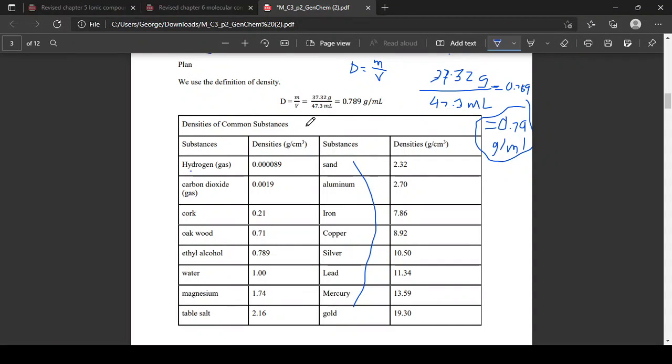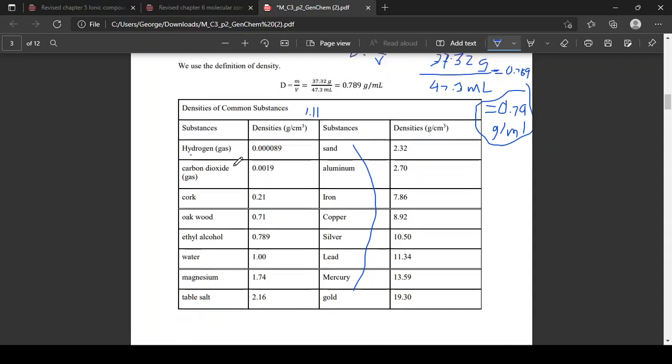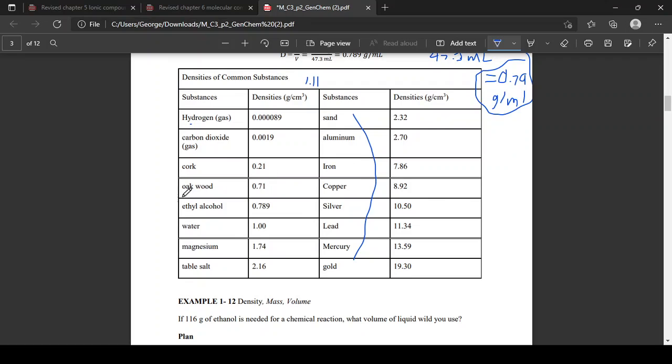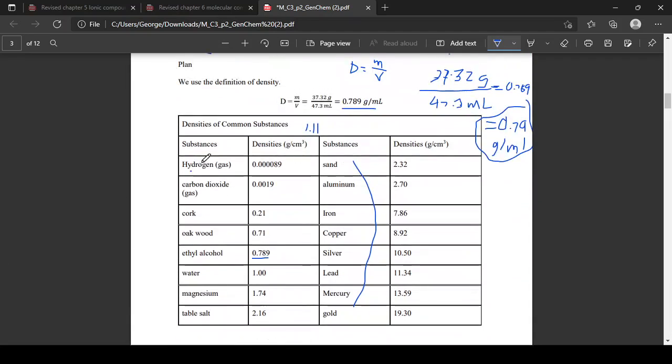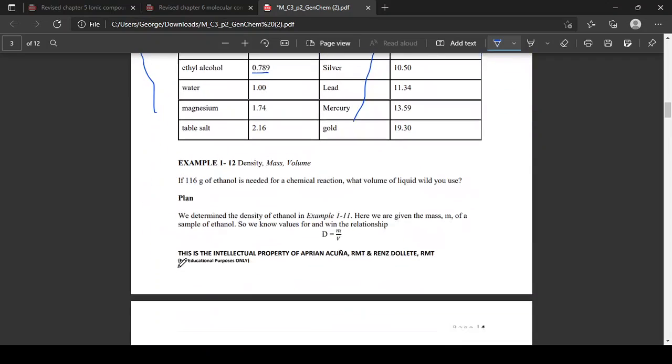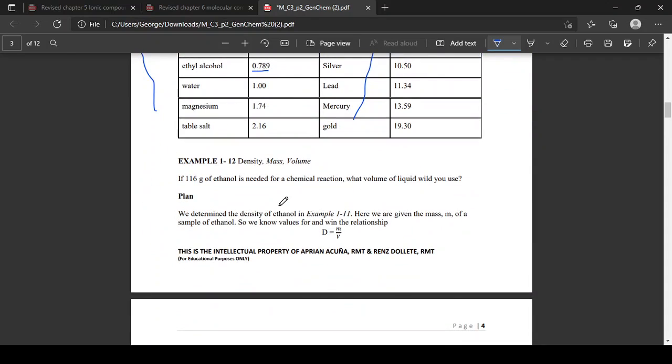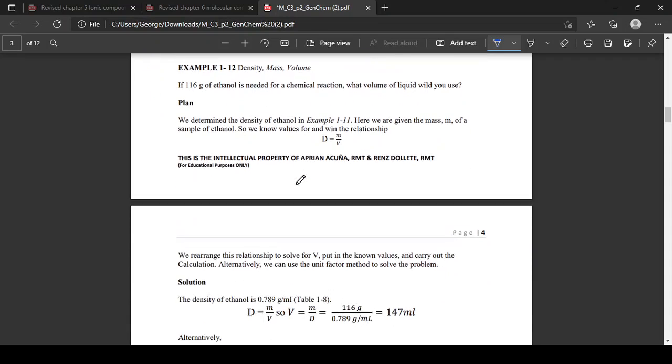Looking at ethanol or ethyl alcohol, its density is 0.789, or simply rounded off to 0.79. Let us follow the table. The density for ethyl alcohol or ethanol is 0.789.